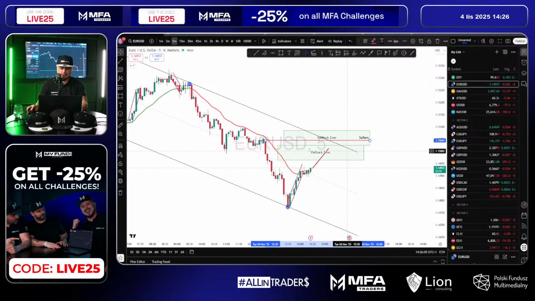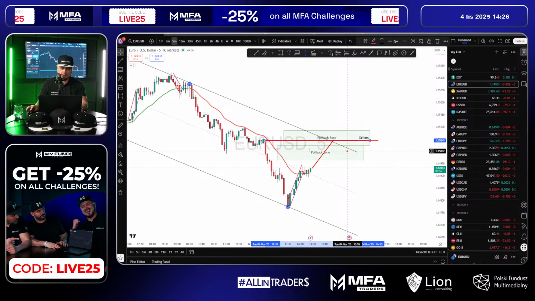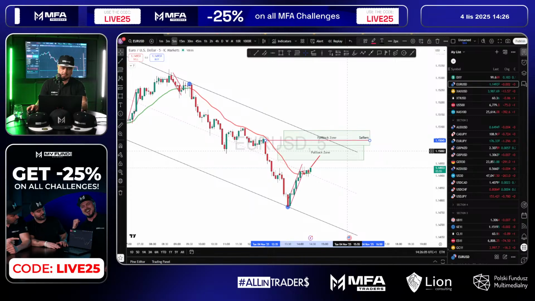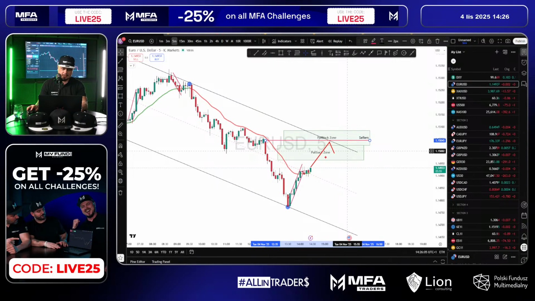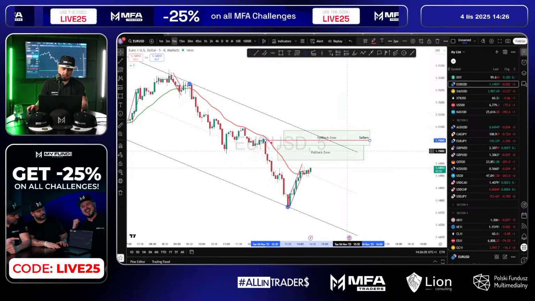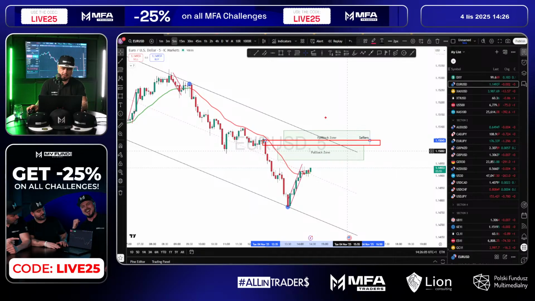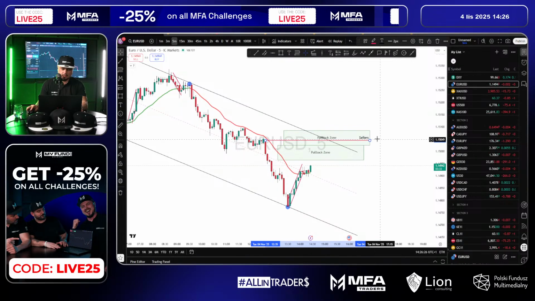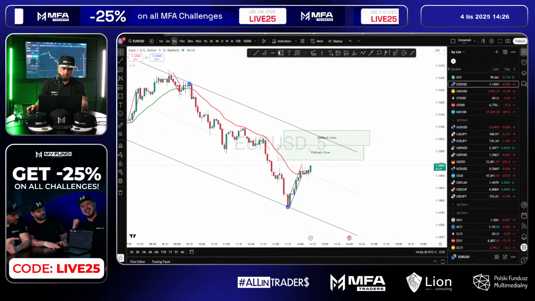It doesn't mean we need to get this level, okay? Reaction might be lower, doesn't matter. We don't need to get to the sellers area. We can mark a zone like this, okay? It's gonna be fine as well. Basically, we can do that, so I don't want to confuse you.